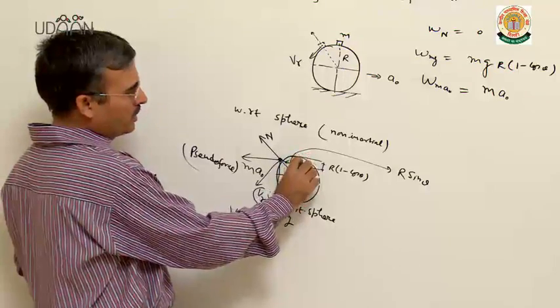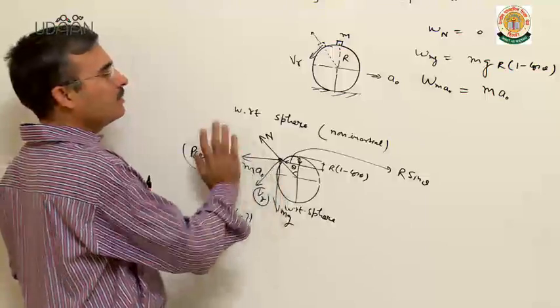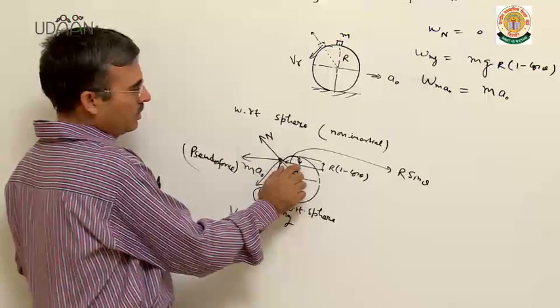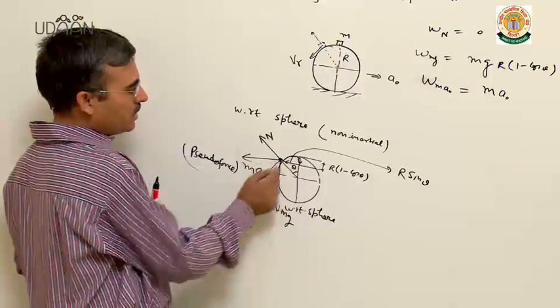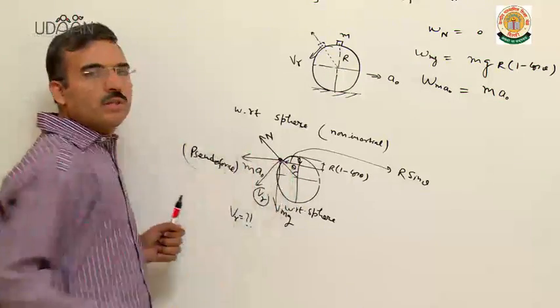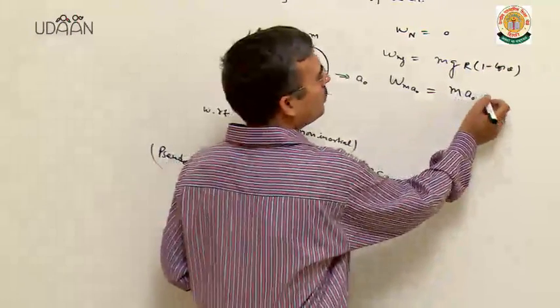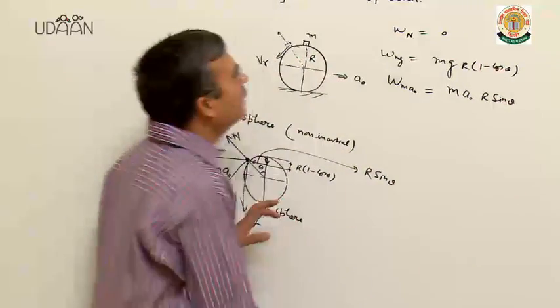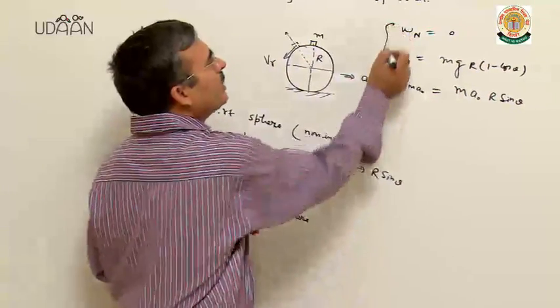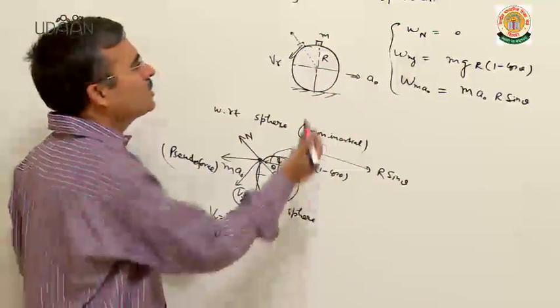So for the vertical displacement, work done by m a naught will be 0, and displacement in horizontal is r sin theta. M a naught is also in that direction, so work done will be positive. So force into r sin theta is the work done by m a naught. So net work done is the algebraic sum of all the works.